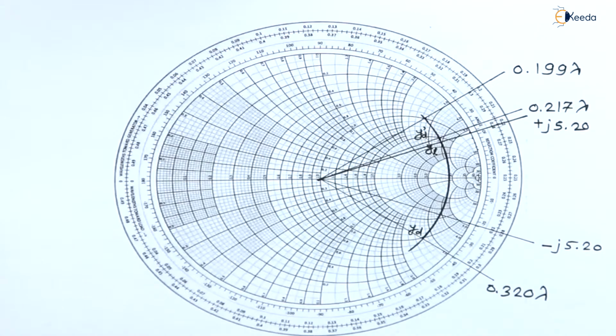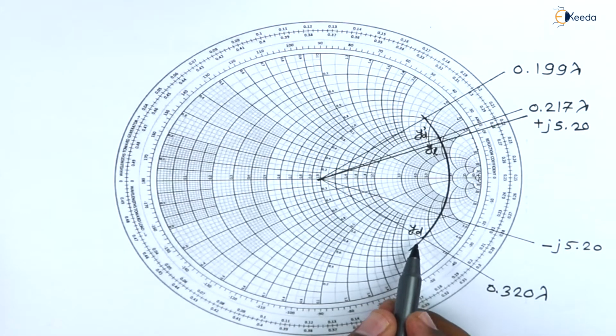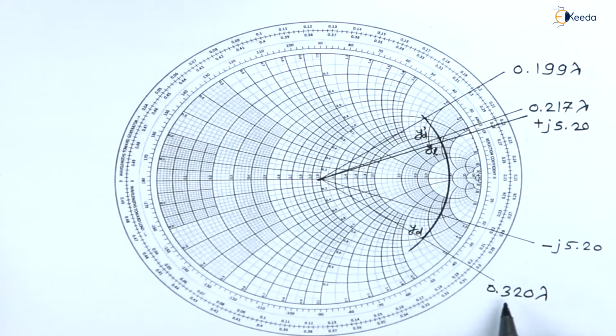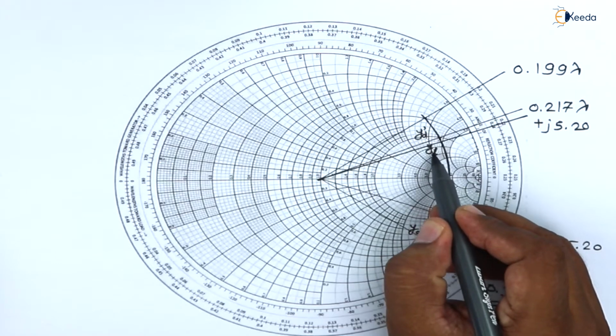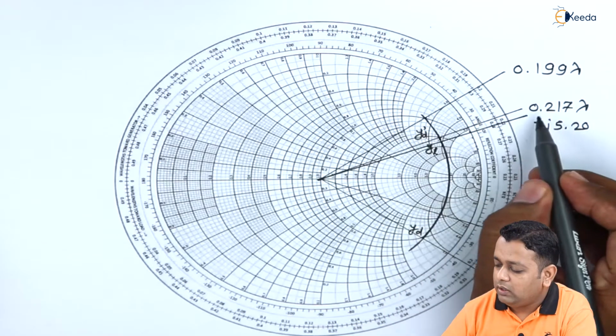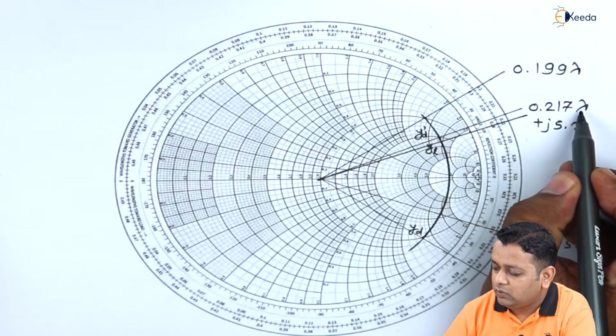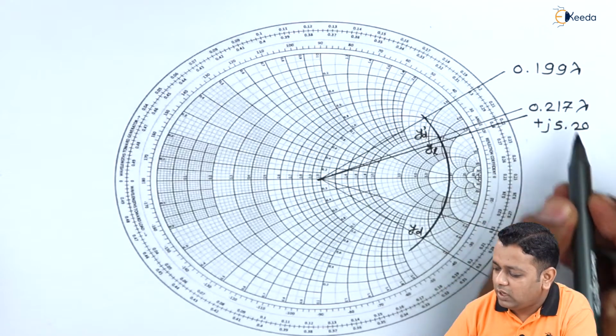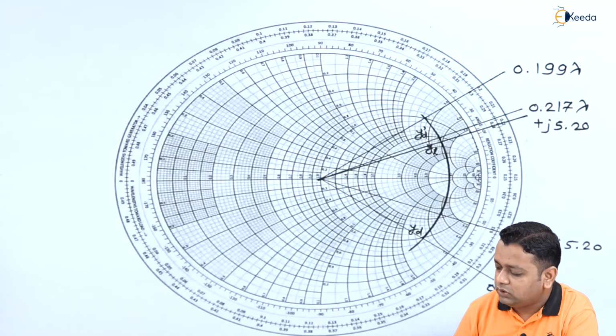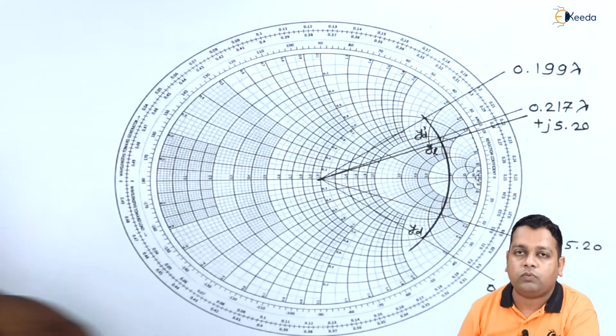Getting back to the Smith chart here. In the Smith chart, the stub position is represented by the marking of y suffix d. Here we have the value 0.320 times lambda, whereas the marking corresponding to that of the load position y suffix l, here we have 0.217 times lambda.